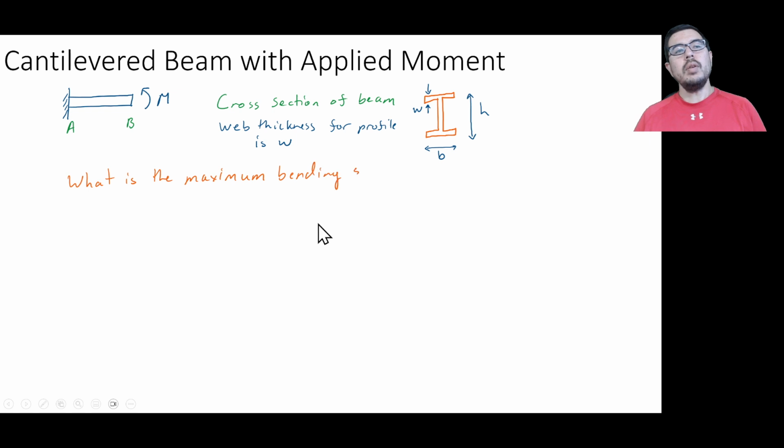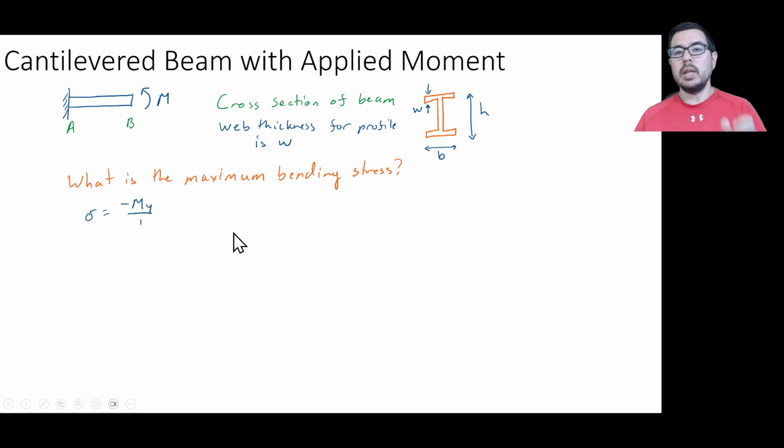So how do we go about approaching this problem? Well, we have an applied moment here, and the moment's going to be the same across the entire length of the beam, regardless of what the cross section might look like.